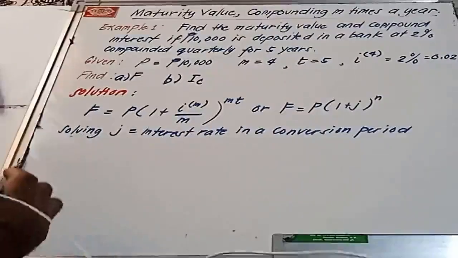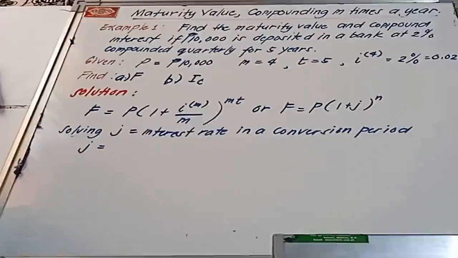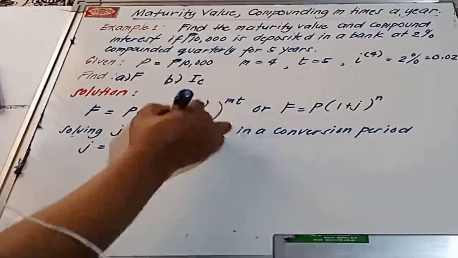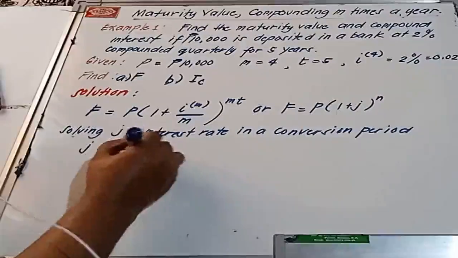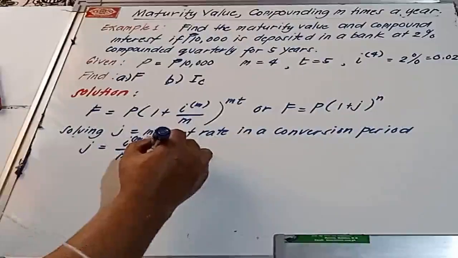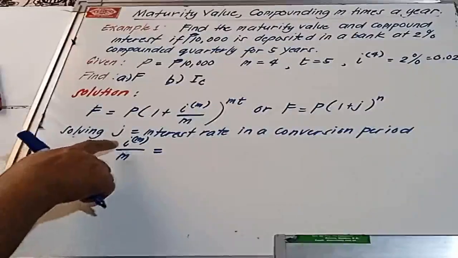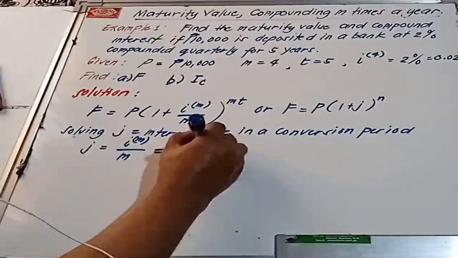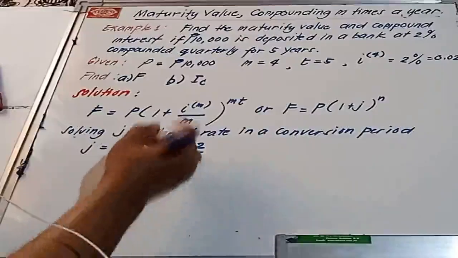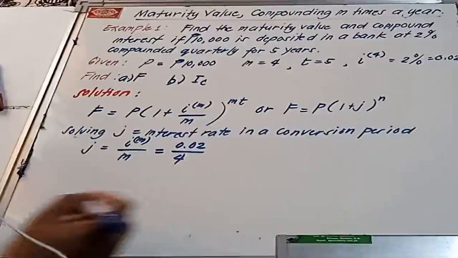Muna isolve natin. So, j equal to, actually, dito yun eh. The annual interest rate divided by the frequency of conversion. Okay. So, i, which is 2%, so that will be 0.02 divided by, we have 4 frequency of conversions.